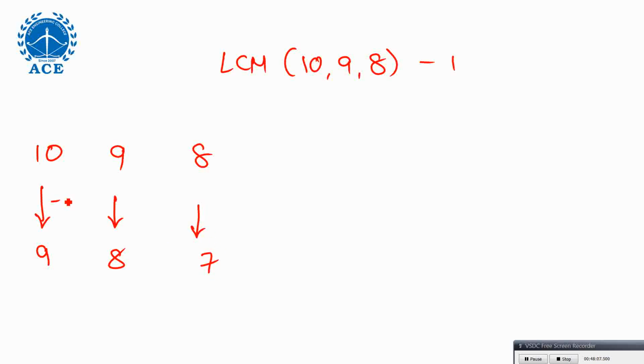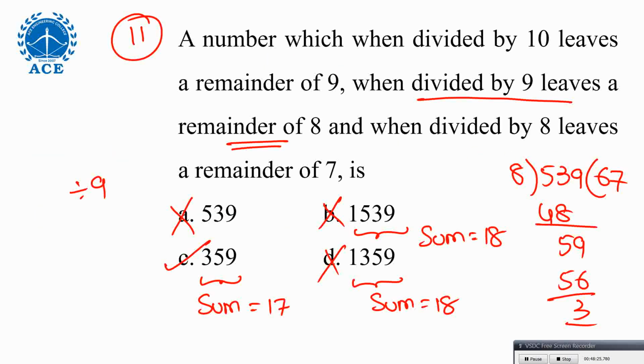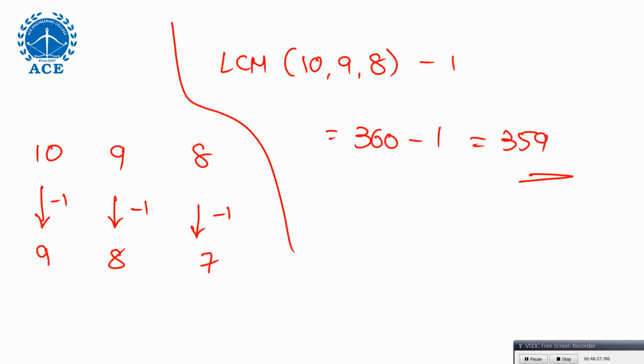These are all one less than the divisors. All remainders are one short of divisors, so we should do minus 1 at the end. When you take the LCM of 10, 9 and 8, we get 360. 360 minus 1 is 359. This is the original concept actually.